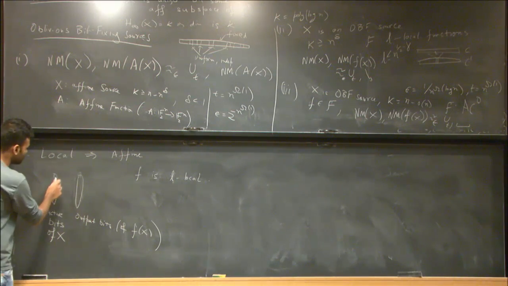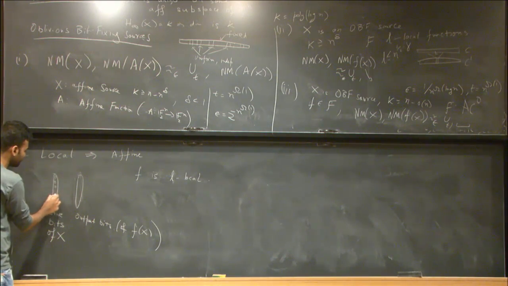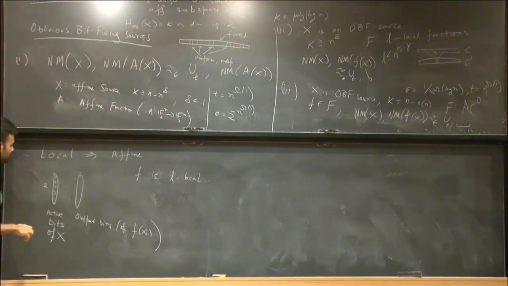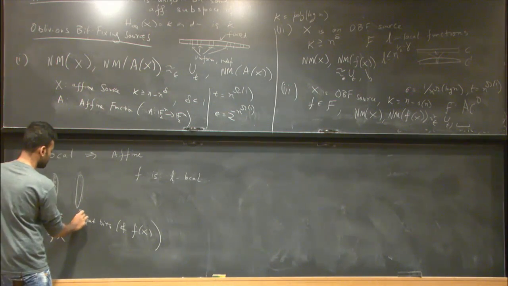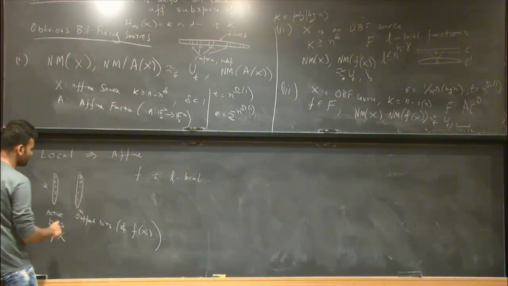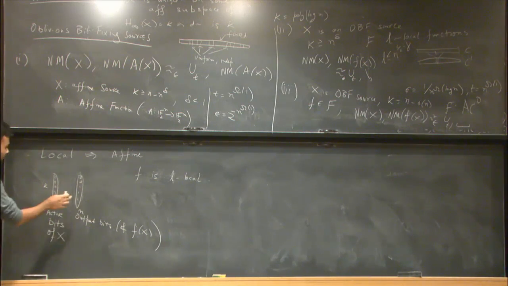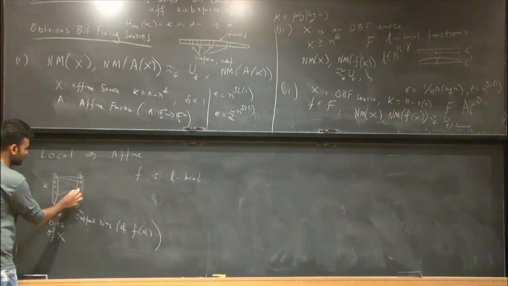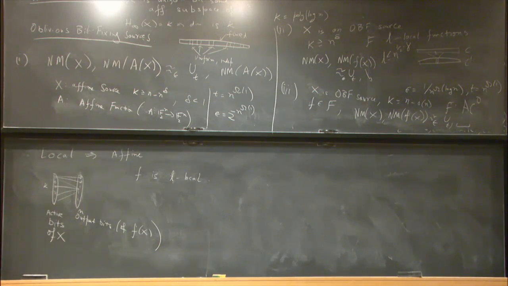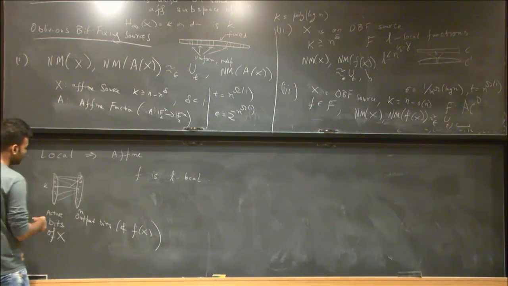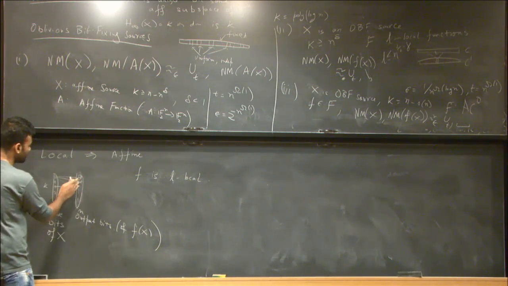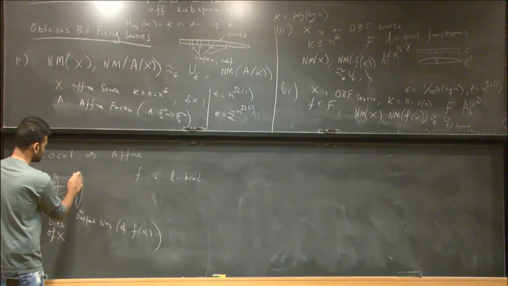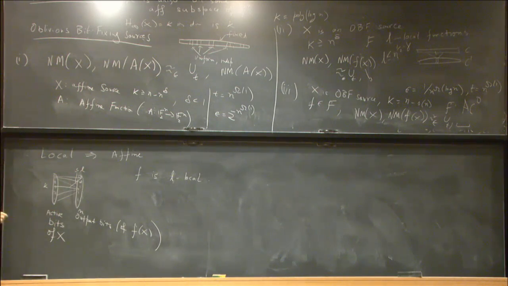So we can think of it as a bipartite graph where there are k nodes here, each node corresponding to one of the active bits, and n output bits. The adjacency is just when some output bit depends on an input bit. Since it's L local, you know that the degree of any right hand vertex is at most L.